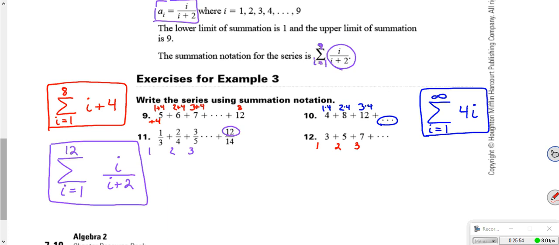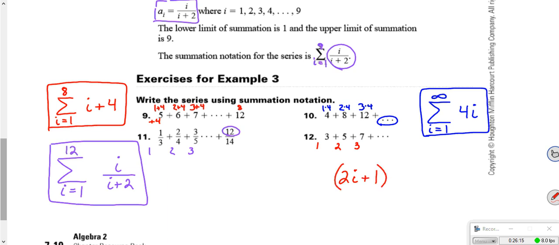And 2 times 3 plus 1 gets me 7. So I think I hit it right off the bat, because it can't be plus 2, because 1 plus 2 is 3, but 2 plus 2 is not 5. So the rule then is going to be 2i plus 1.